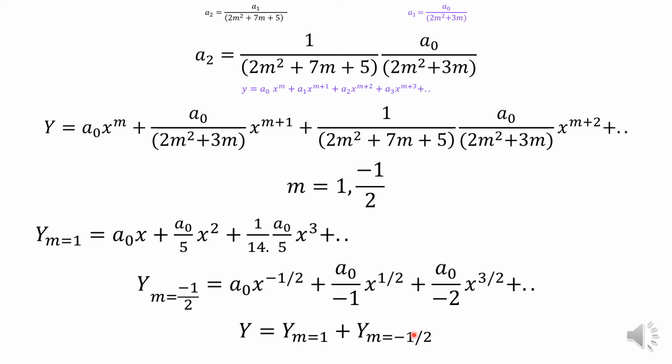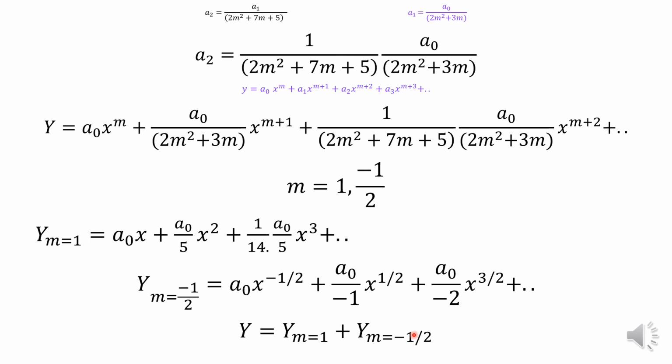Now we have discussed the method. Any type of differential equation can be given. If it is a single point, the same method we will be adopting. First of all, the value of y we know, then we will try to find the value of dy by dx. If a second-order differential equation is there, we will try to find the value of d square y by dx square.